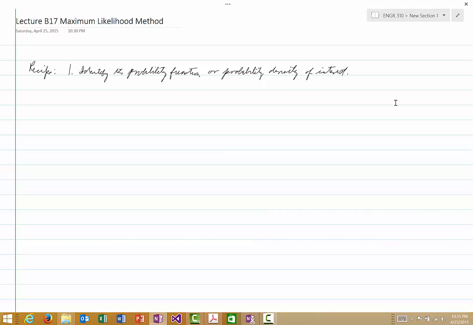The probability function refers to cases where we have a discrete random variable, and the probability density where we have a continuous random variable. And fortunately, this method is essentially identical for either one, for both discrete and continuous.